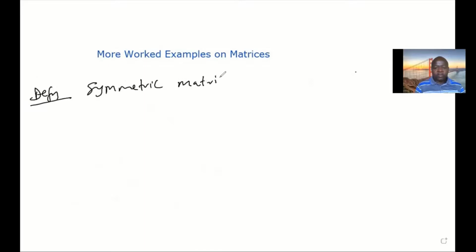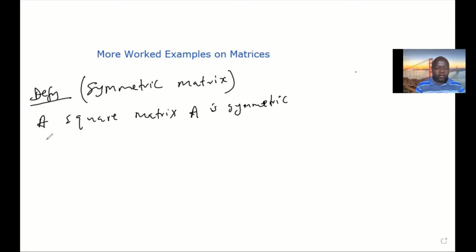When we say that a matrix is symmetric, it must be a square matrix A, and it is said to be symmetric if A equals its transpose.